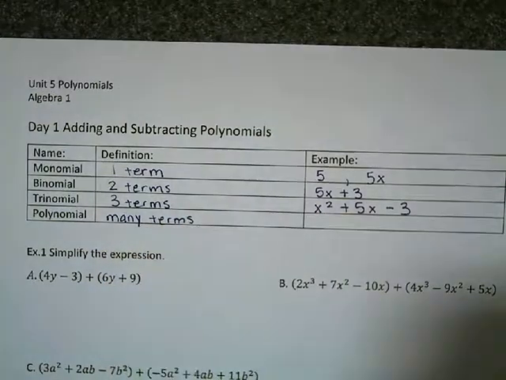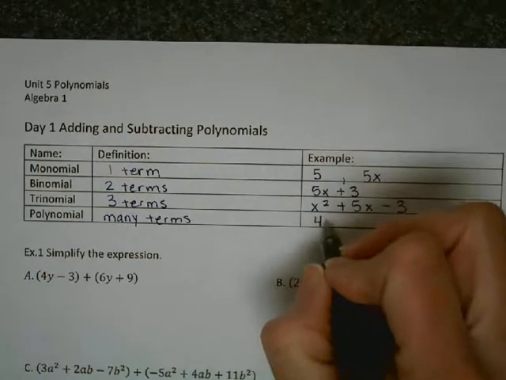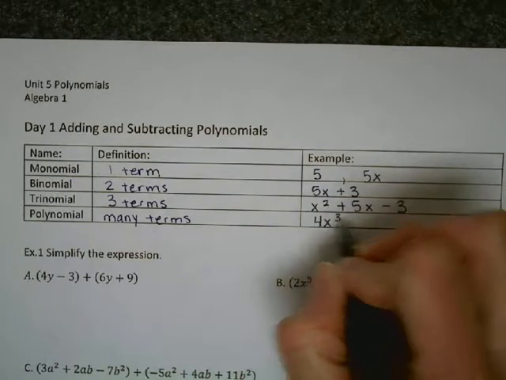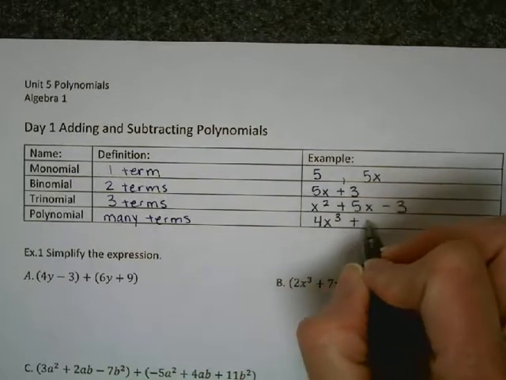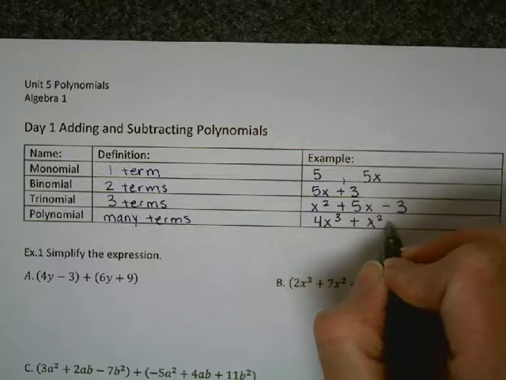So when we say something like combining like terms, you might only have two terms, you could have three terms, you could have a lot of terms, but the general term for polynomial just refers to different types of terms.